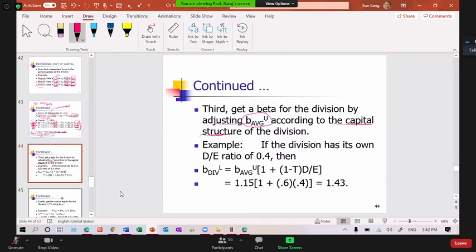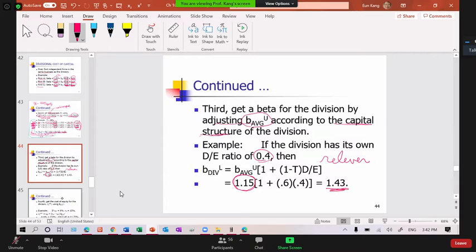Let's say your D ratio is 0.4, then you re-lever, just lever again. Then 1 plus 0.6 times 0.4, 1.24 times 1.15.